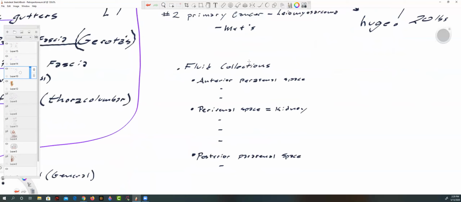Okay, so as far as neoplasm, that's it. Fluid collections, we have a few of those. There's the anterior pararenal space. So remember, that also included pancreas.